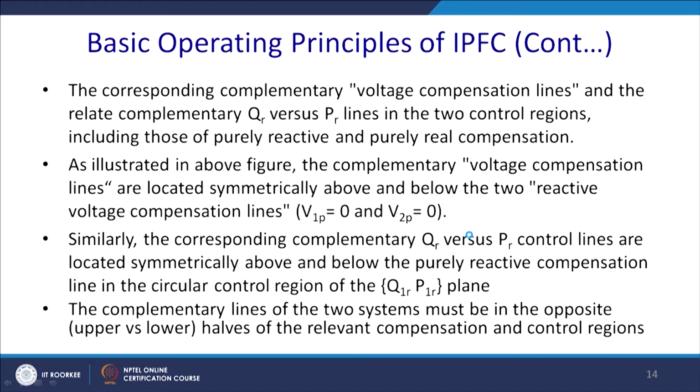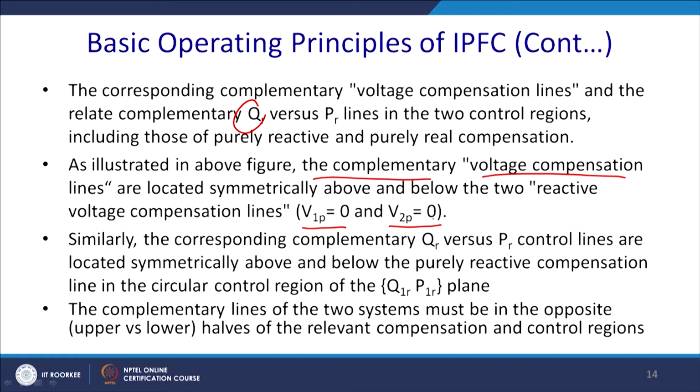Corresponding to the complementary voltage compensation line and the rated complementary QR versus PR line, in the two regions, purely reactive and real power compensation can be fed. As had been illustrated in the previous figure, the complementary voltage compensation lines are located symmetrically above and below the two reactive voltage compensation lines, that is V1P0 and V2P0.